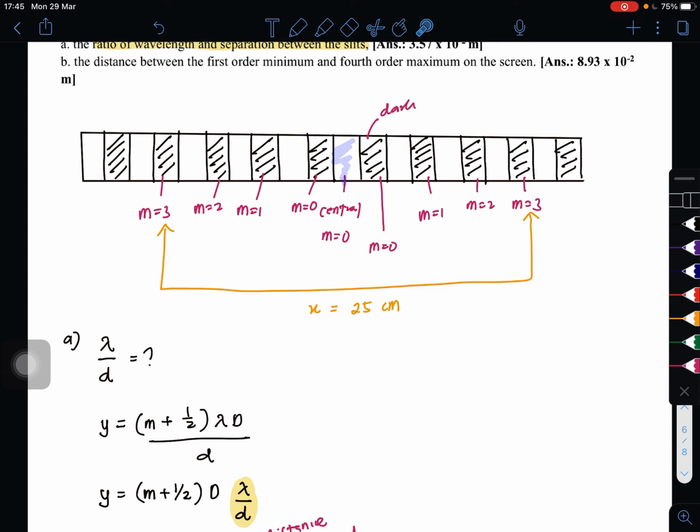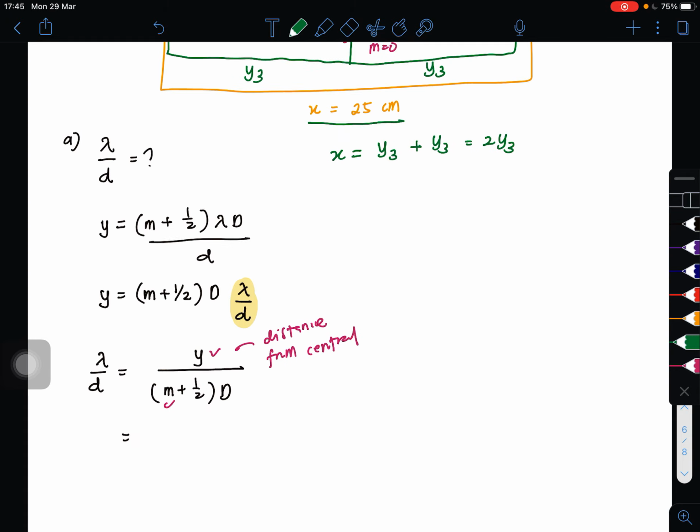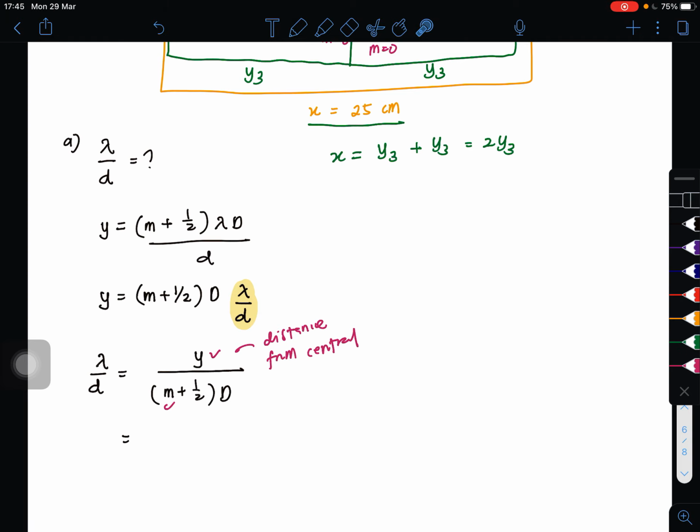So daripada central ni ke yang ketiga is the Y. Maksudnya dekat sini, from here to here is Y3. So daripada sini ke sini pun adalah Y3. Bermaksud dekat sini X ni, this X adalah sama dengan Y3 plus Y3, which is 2Y3. But we only want dekat sini dalam formula ni adalah Y3 sahaja, satu sahaja.